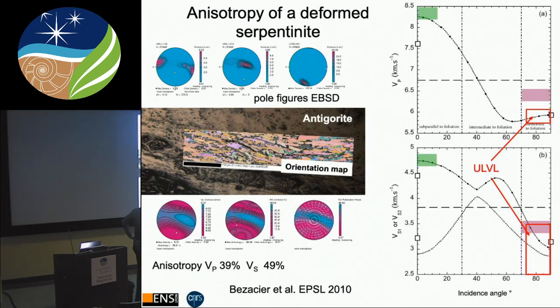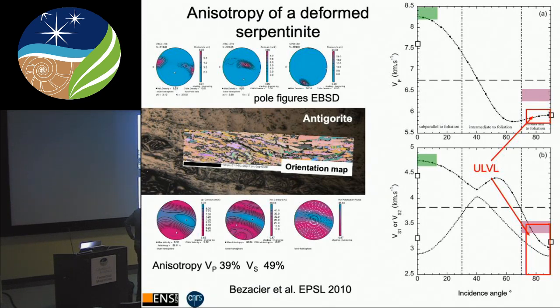And from the statistics of orientation, we can recalculate the elastic tensor of the deformed rock and get the velocities. And we get these fairly blue colors along the foliation, which tells us that we have high velocities along the foliation and low velocities perpendicular to it, which corresponds to this alignment of crystals.